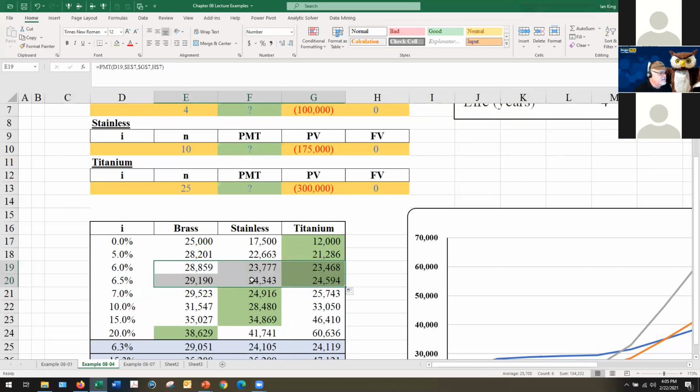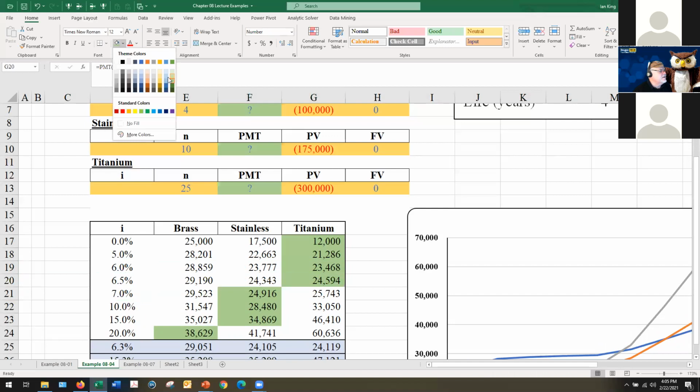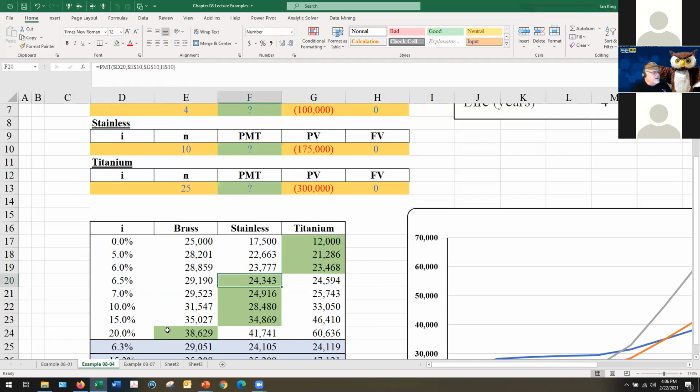At 6.5, it's still cheaper to use titanium. So the magic answer is somewhere between 6.0 and 6.5.